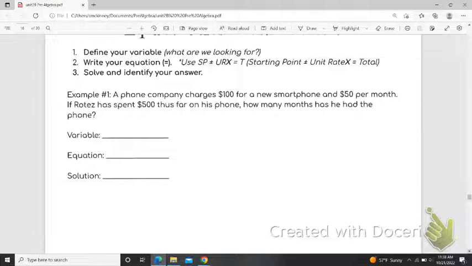What am I even trying to do? If I go to the end, I see it says, how many months has he had his phone? So I'm looking for a number of months. So I'm going to say that x, as my variable, is equal to months he has his phone.